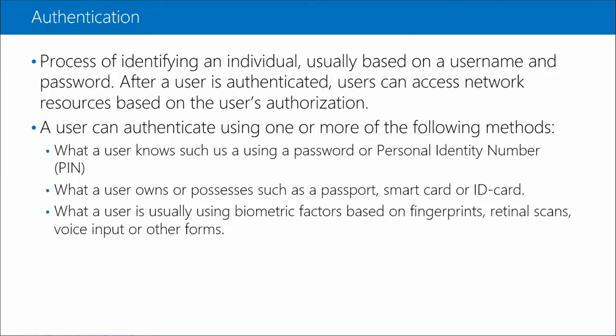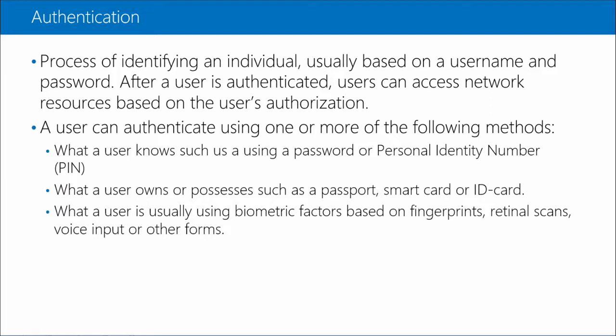A user can authenticate using one or more of the following methods. Password or PIN, personal identification number. If you have a bank card or you have a phone lock, you're familiar with a PIN. What a user owns or possesses, such as a passport, a smart card, an ID card, a badge of some kind.